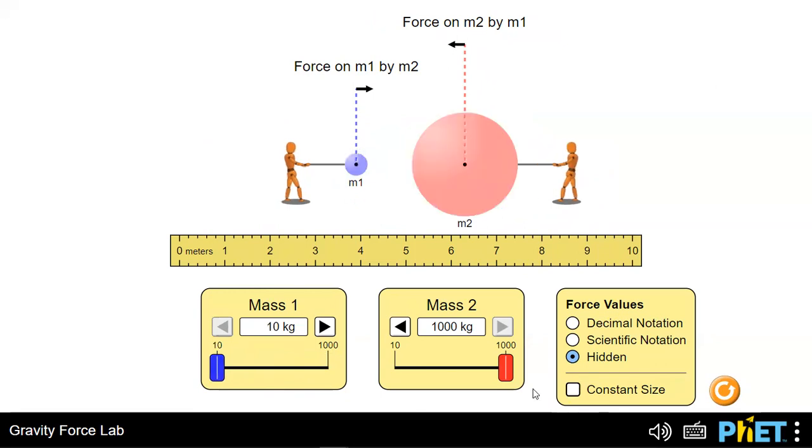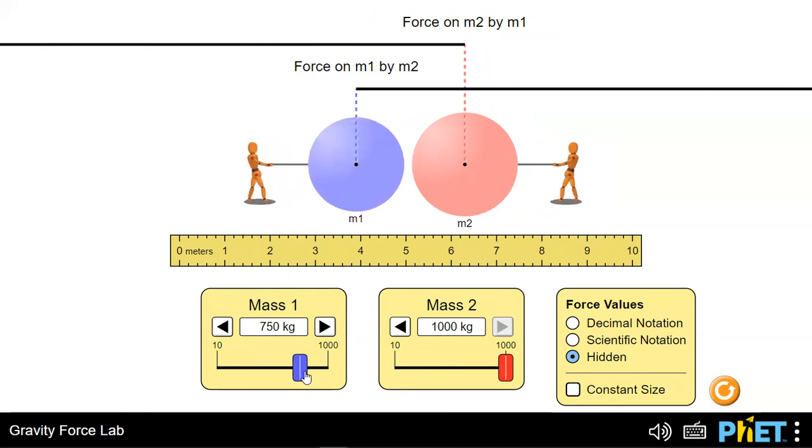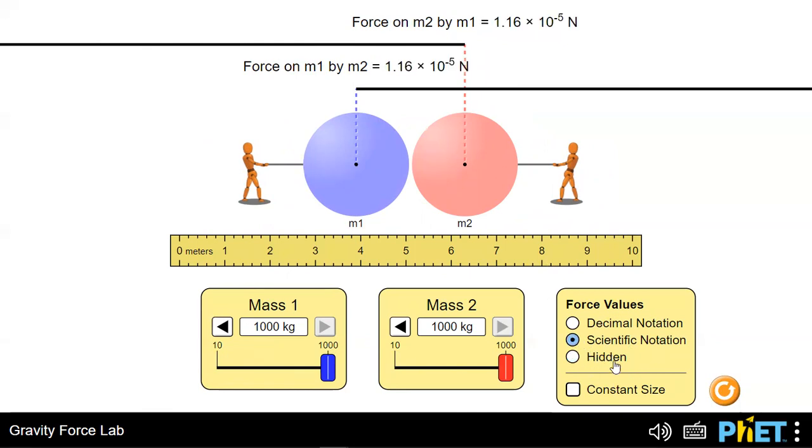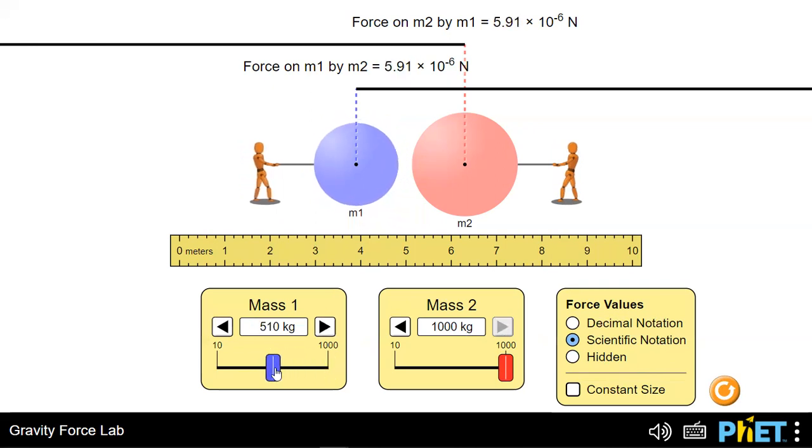Otherwise, it gets bigger as the mass also increases. What we are going to look into is to use the scientific notation and not use the constant size. So again, let's have one which is a smaller mass and the other which is a higher mass.